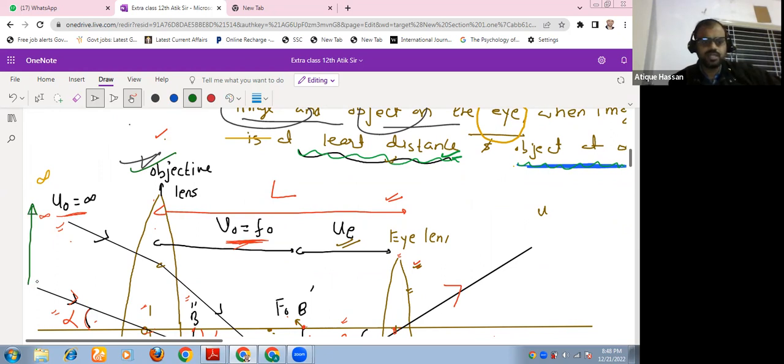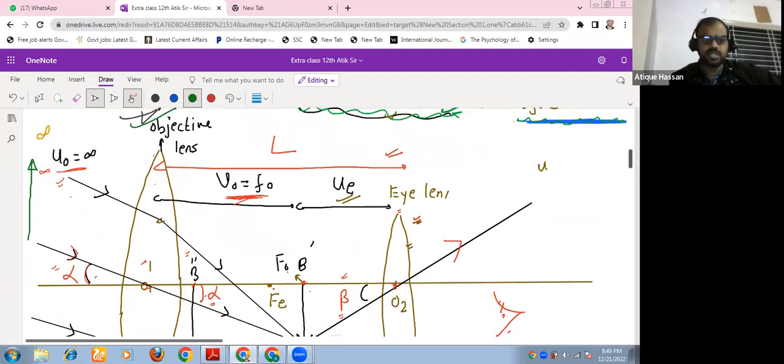Here we can assume that there is a celestial object which is at a large distance from the objective, and light is coming from that object, and we know that when light is coming from a distant object, it can be treated as light coming from infinity. So we have assumed that the object distance for the objective will be at infinity.